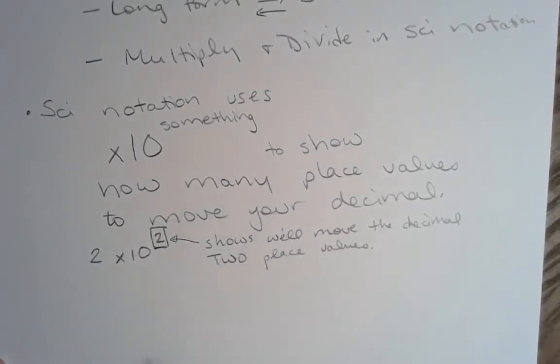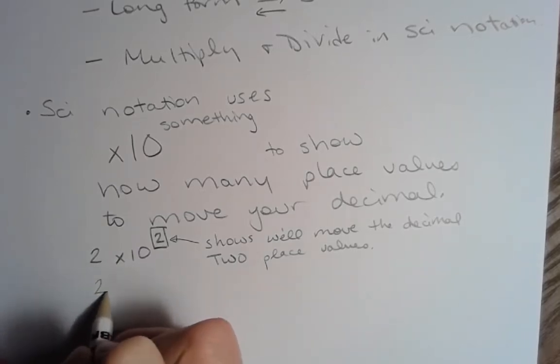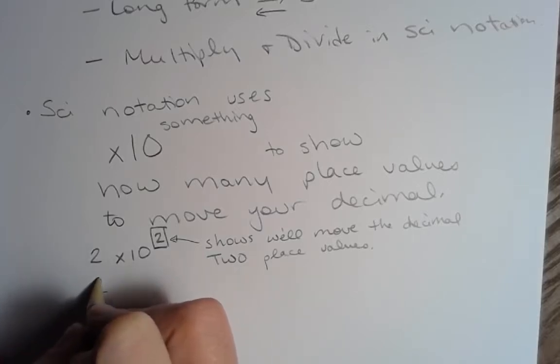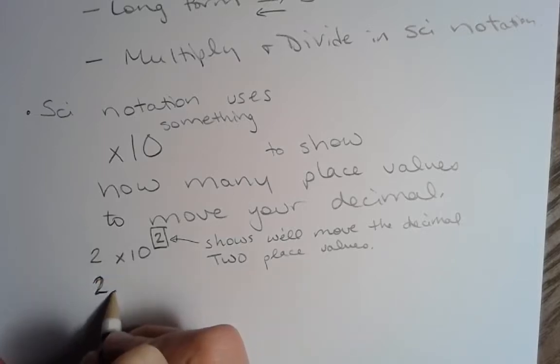So that exponent of 10 shows how many times you're going to move your decimal. So in this example, here's our 2. Our implied decimal starts here.